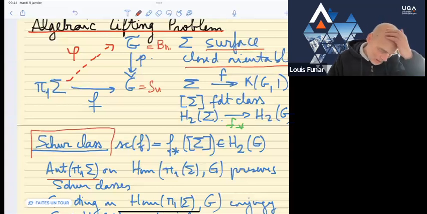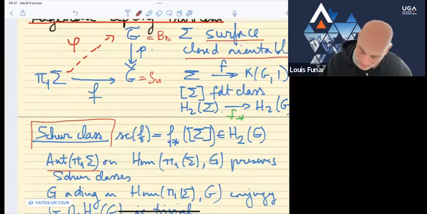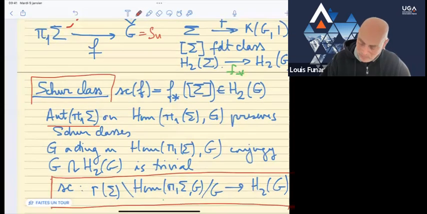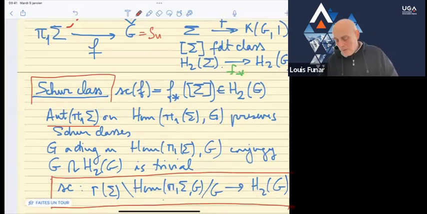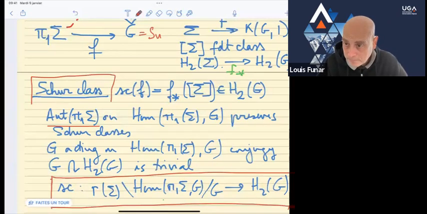I will say something about that. But actually, it will be embedded in the kind of proof I'm going to give. So most of the philosophy of what I'm saying now is that the essential invariant of a homomorphism is just the Schur class.